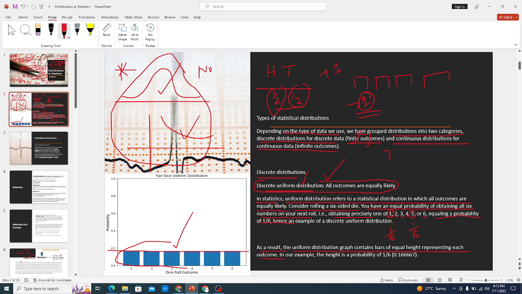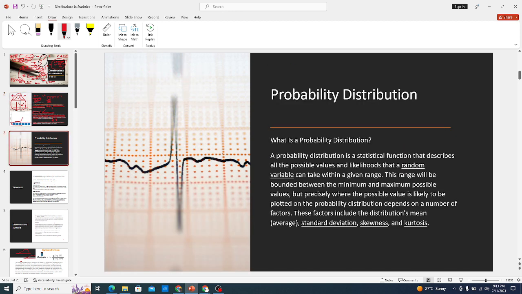Now I want us to define what this distribution is, or what is meant by the term distribution. We can define it as a probability distribution.